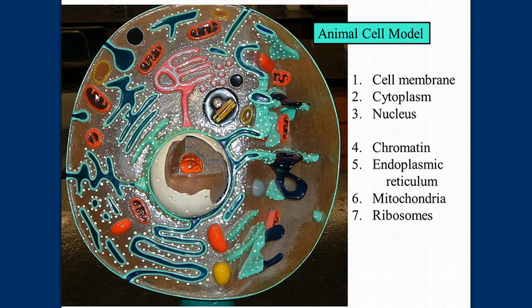After nutrients have been broken down, it uses those compounds to build, to synthesize ATP. It uses oxygen to make a lot of ATP. Now, you can make a little ATP out here in the cytoplasm, but the most ATP is produced in the mitochondria, thus the name powerhouse of the cell.